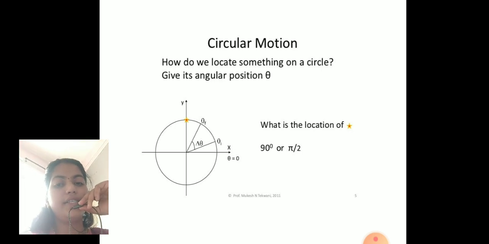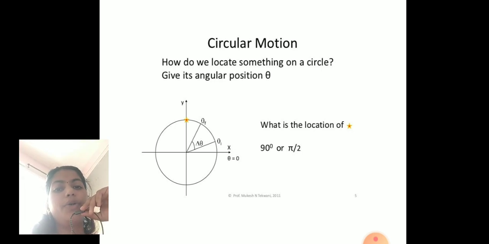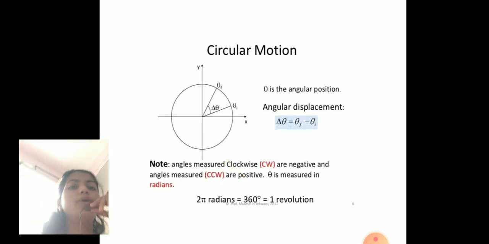Theta is also denoted by pi by 2, where this sign is pi divided by 2. Now in circular motion, theta is the angular position, and then angular displacement.